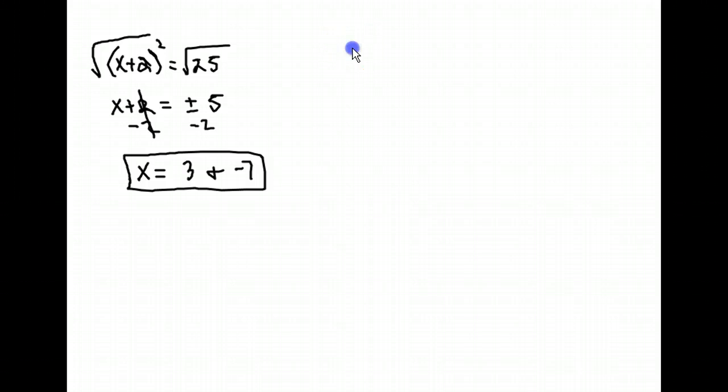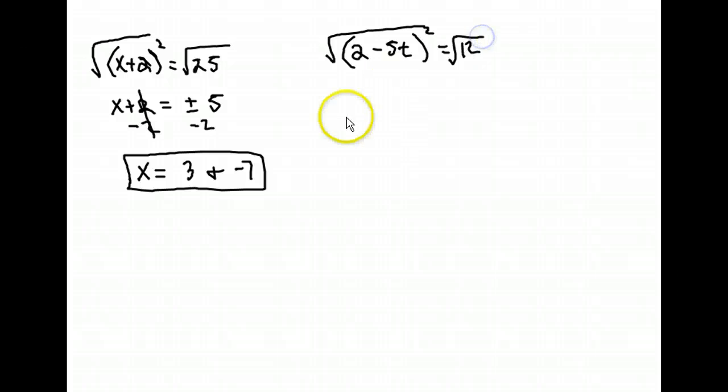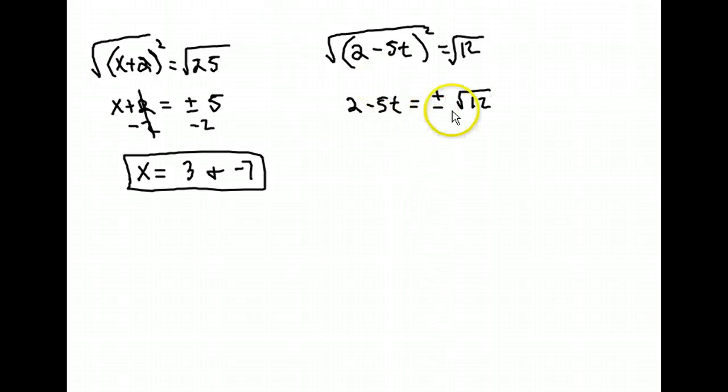Let's say you have (2 minus 5t) squared equal 12. Well, you would square root both sides. And so what that would give you on the left side is 2 minus 5t. On the right side, it will give you plus or minus square root of 12. So then you can break down the square root now, or you can break it down later.